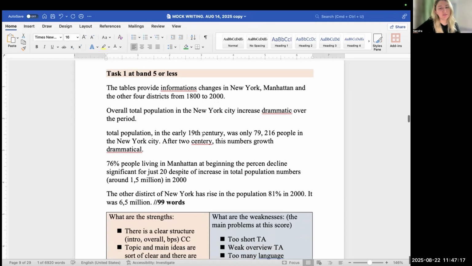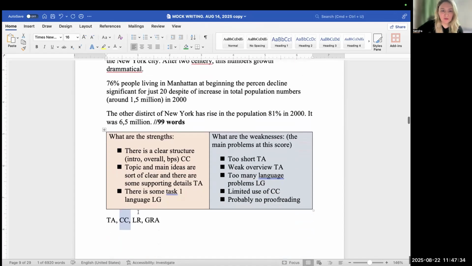So that's where we need some linking words, introductory phrases, or referencing tools so we don't repeat ourselves and we link ideas better by saying that number or this decrease was followed by, etc. Another problem is probably overusing linking words, like every sentence begins with a linking word. That's also mechanical and not good. It decreases the score. Or not using them at all, just completely forgetting any linking word whatsoever. So these are the areas.